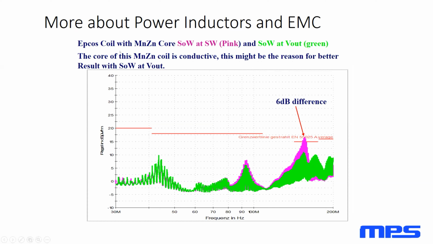And this is something that we're investigating, but we think this is because of the difference in the core material. One thing I'd like to note is this is not an automotive rated inductor, so maybe in automotive this won't be such a concern, but typically start of winding should go to the switch node. But in this particular case, with this particular inductor, that's not necessarily the case.